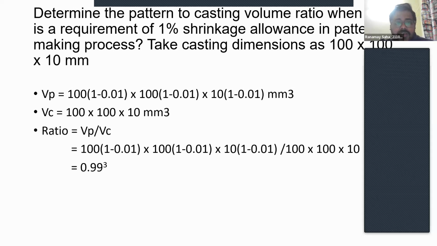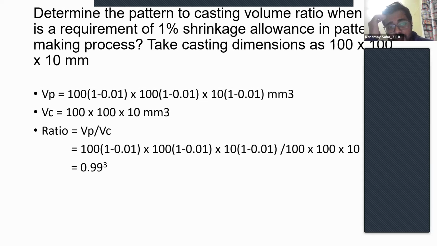So what is shrinkage? Shrinkage means the material contracts after the solidification range. So you have to have the pattern to volume ratio less than 1, right? Only then, after shrinkage, the casting volume should be more than the pattern, right?